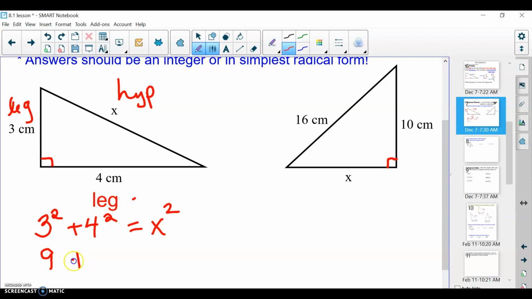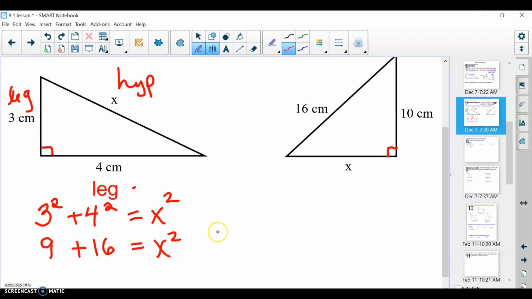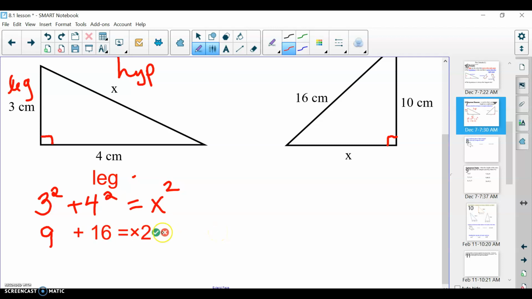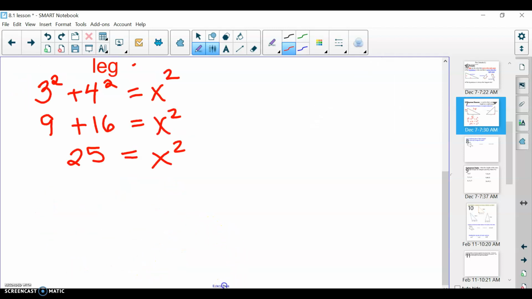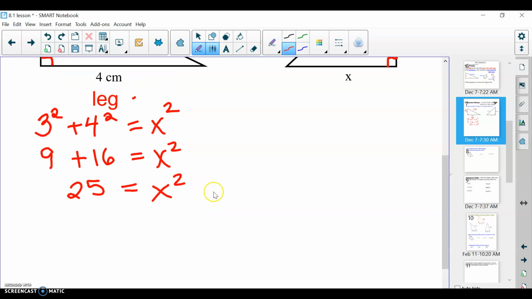All right, so we've got 9 plus 16 equals x squared. Adding those together, we would get 25 equals x squared. And once you get to this point, hopefully you can either mental math it, and if not, then hopefully you remember that to undo a square, we take the square root.